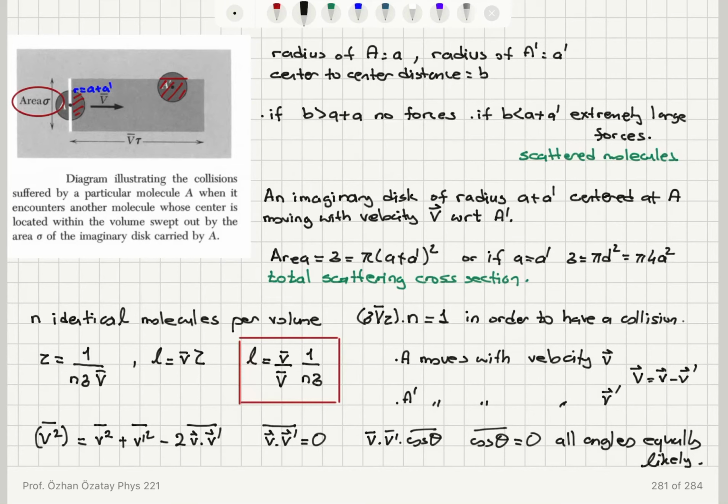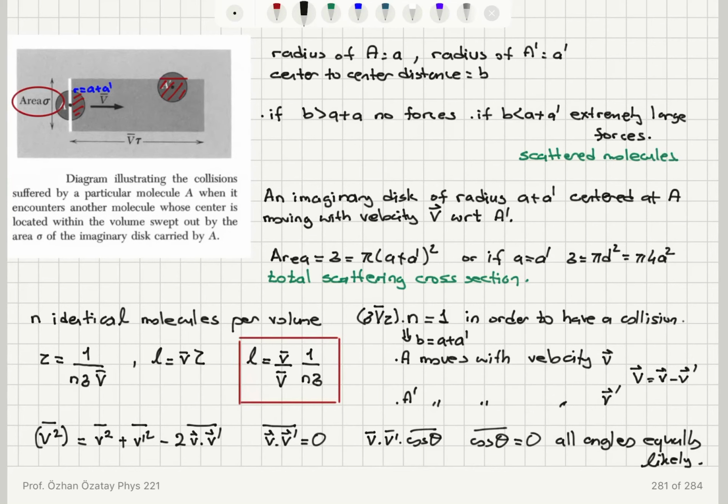So if you have half of the molecule A prime inside this volume, that is equivalent to saying B is equal to A plus A prime. So you're just going to have a collision between these molecules, so they will touch with this condition. And therefore we find that the mean free time is 1 over n sigma capital V bar.